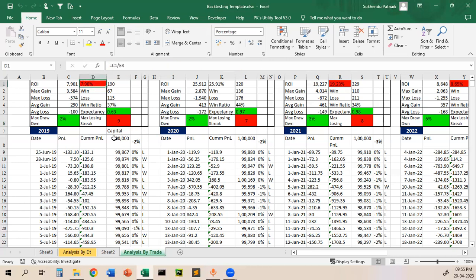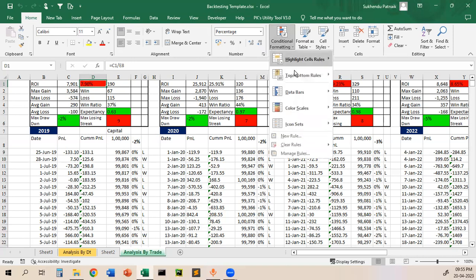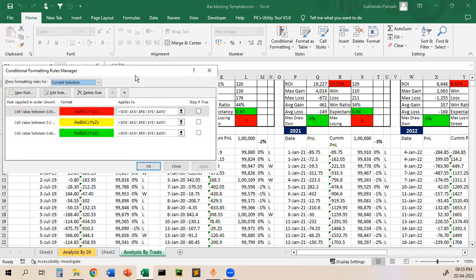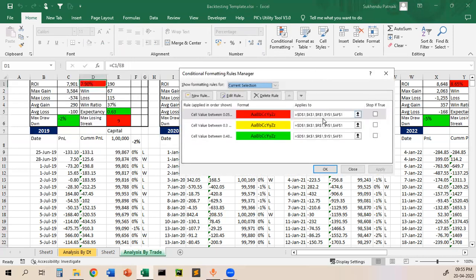Now, these are also conditionally formatted. If I look at the conditional formatting here, if the cell value is greater than, say, 48, we are taking 48%, then it's green. If it is between 35 and 48, yellow, and below that is red.